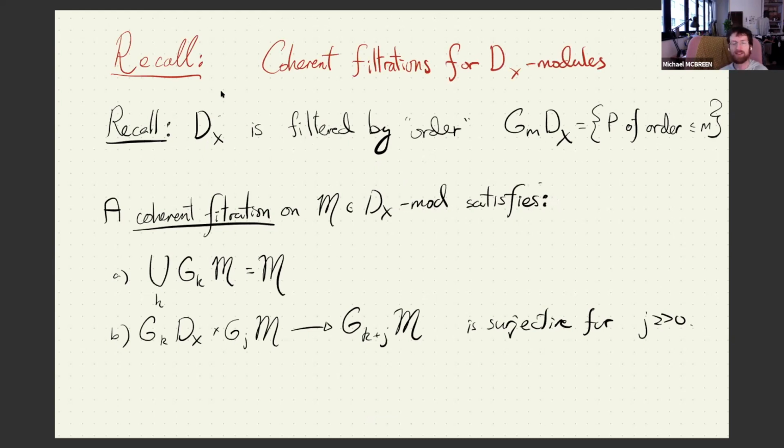So just a quick recollection. The filtrations we consider to define the characteristic variety are all compatible with the order filtration on differential operators. I use G rather than F here just to distinguish them from the lambda filtrations we were just looking at.